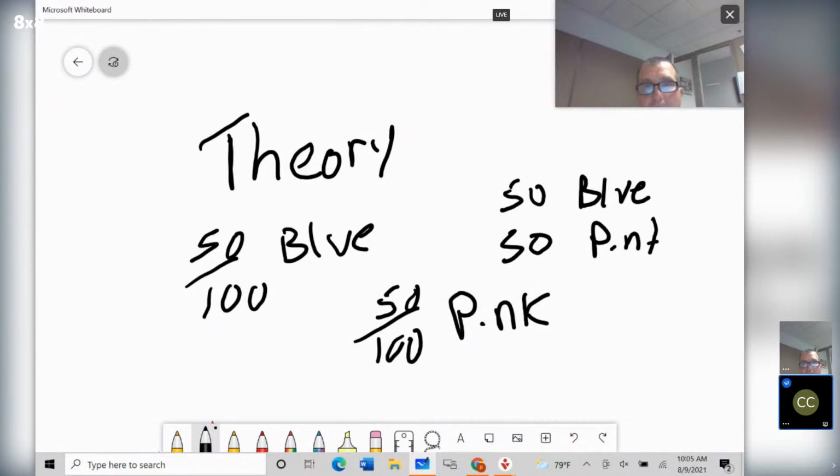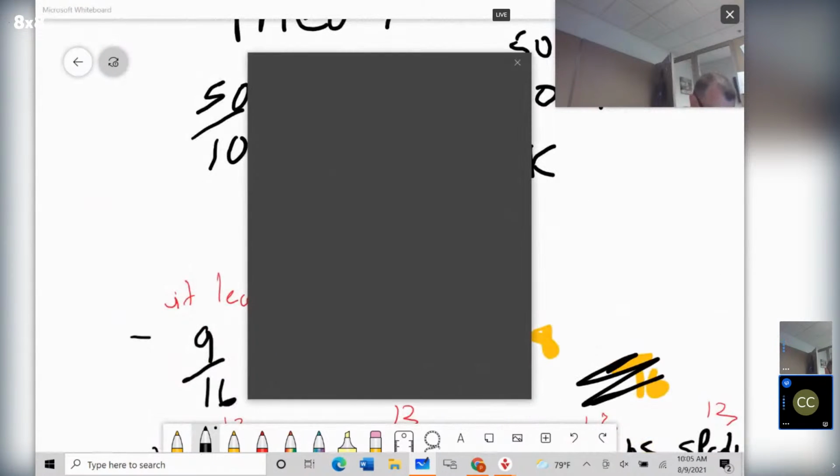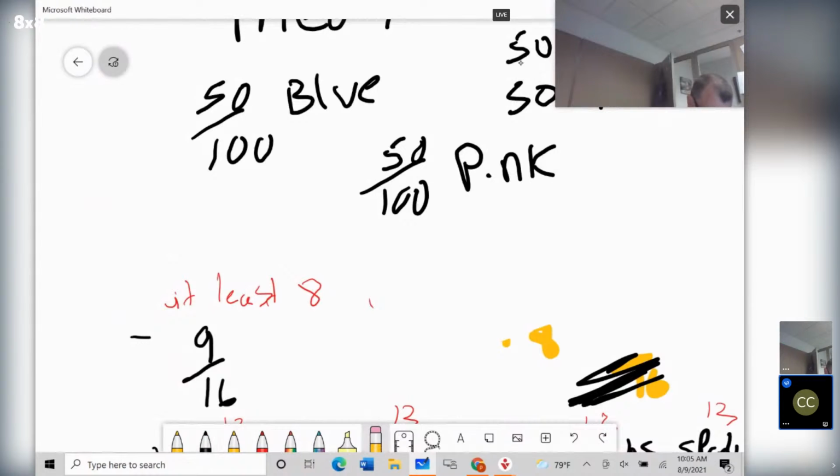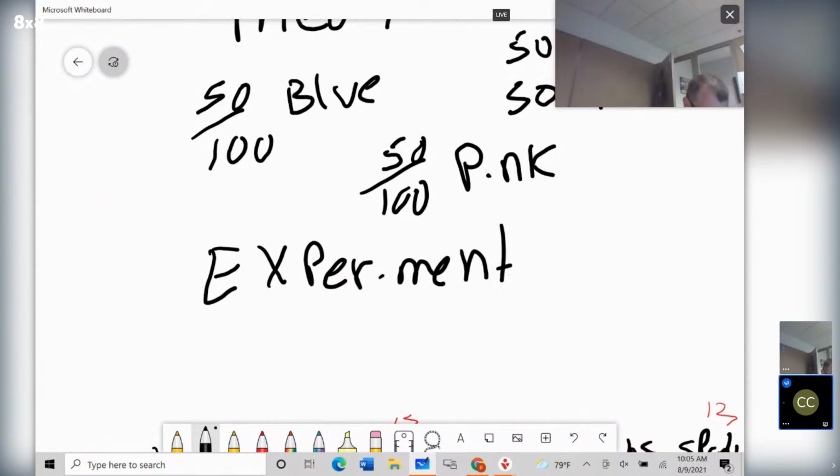But that's in theory. But if we do an actual experiment, and let's say, just for argument's sake, in our experiment, we pick 70 out of 100, because remember we're replacing the marble, so it's not like you pull one out and don't put it back in.